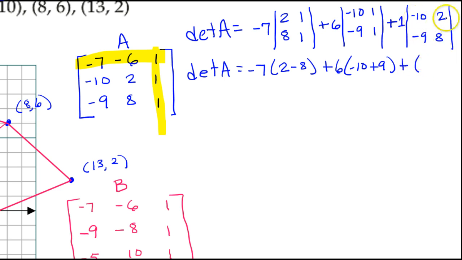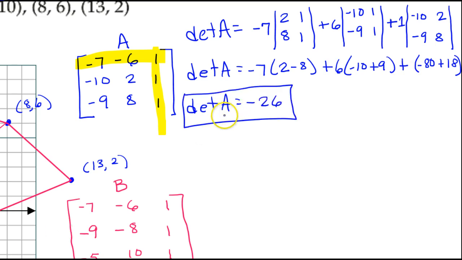But down diagonal minus up diagonal. So negative 80 plus 18. Again, negative 9 times 2 is negative 18. I put plus because minus a negative is a positive. All right, now I'm going to do these calculations off camera and trust that if you're working at this level, you can do this simple order of operations.